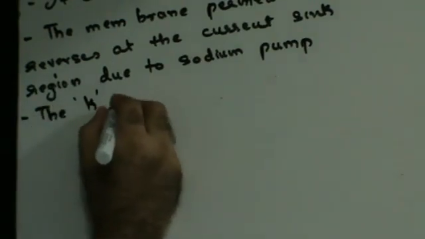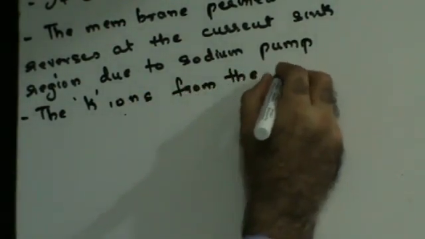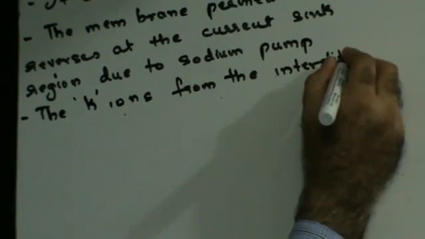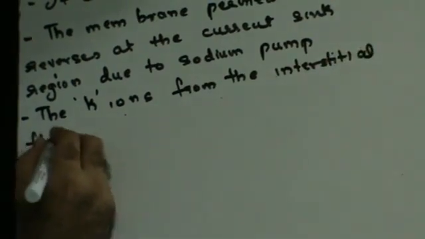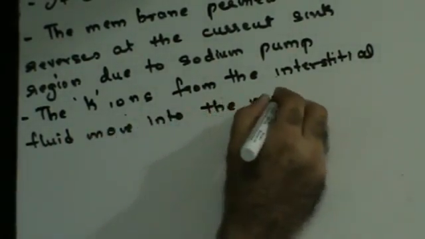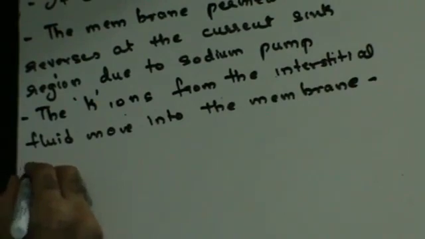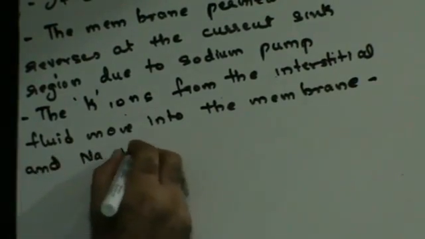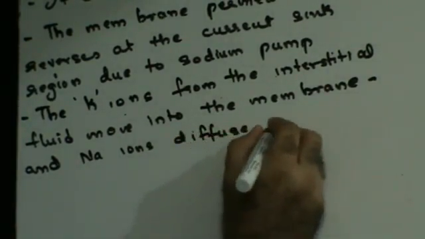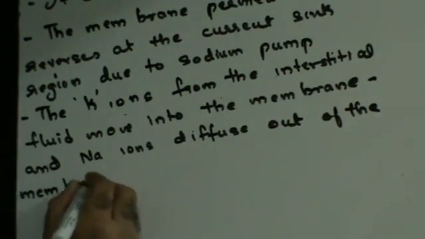Potassium ions from the interstitial fluid move into the membrane and sodium ions diffuse out of the membrane, right.